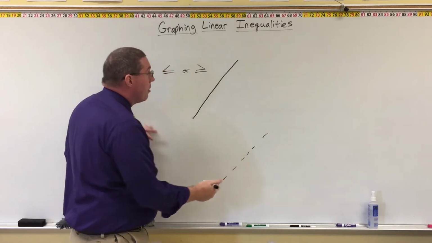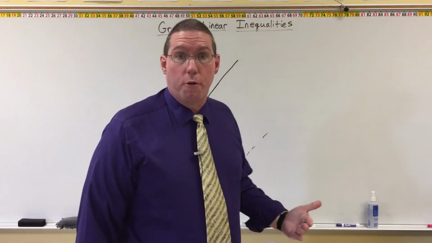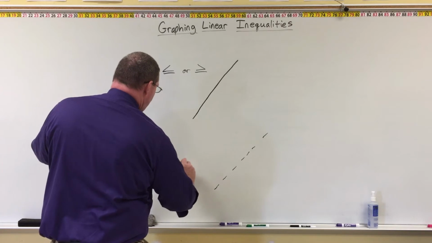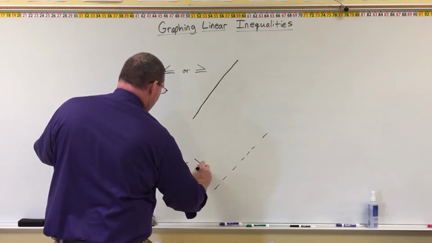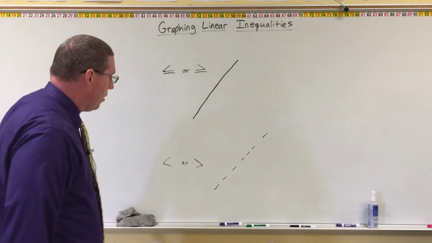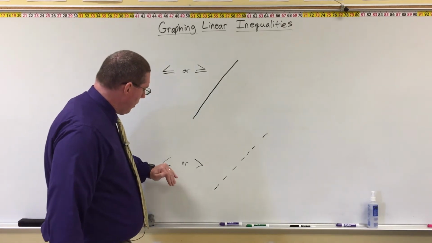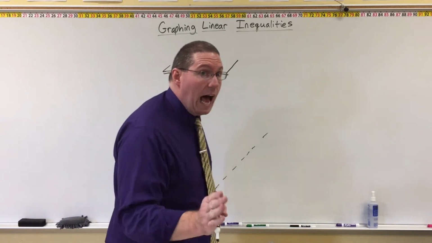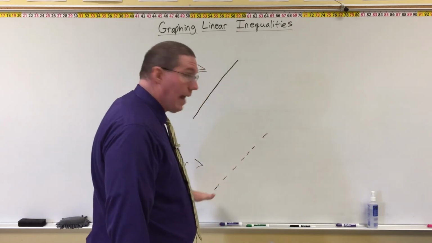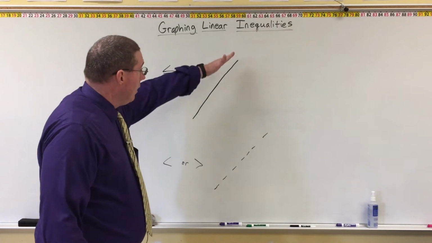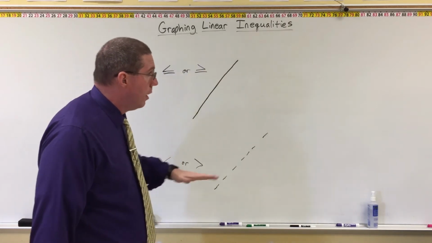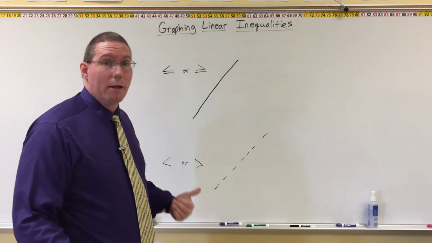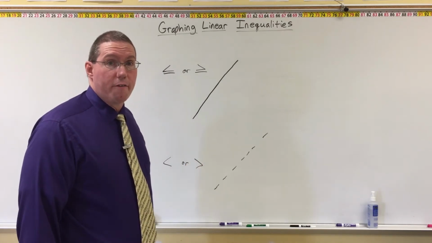The dashed line is kind of like open circles. So you'll do a dashed line when the symbol is less than or greater than, and it does not have the or equal to. So solid line if you have the or equal to, dashed line if you do not have the or equal to. Okay? And now let's go ahead and draw some of these graphs.